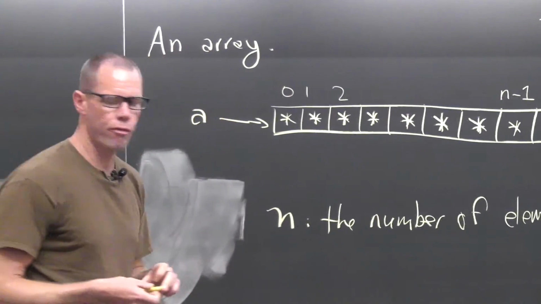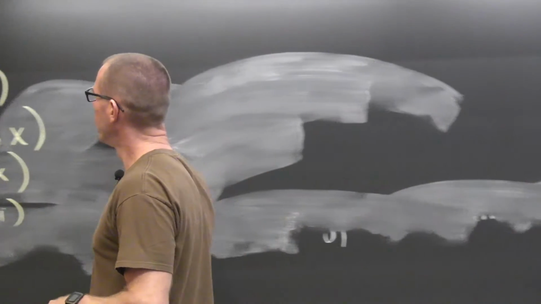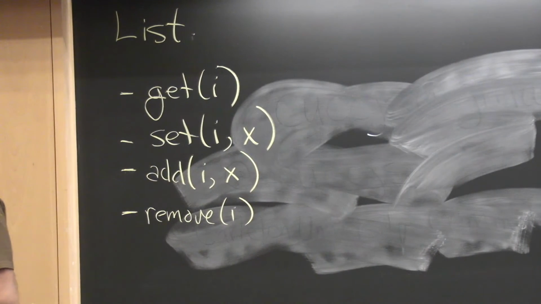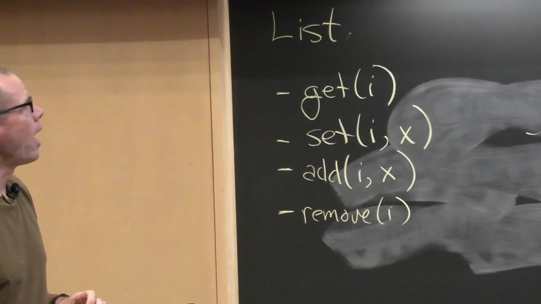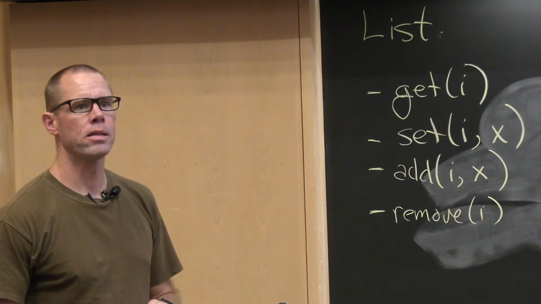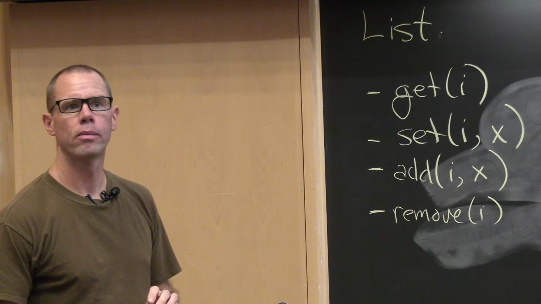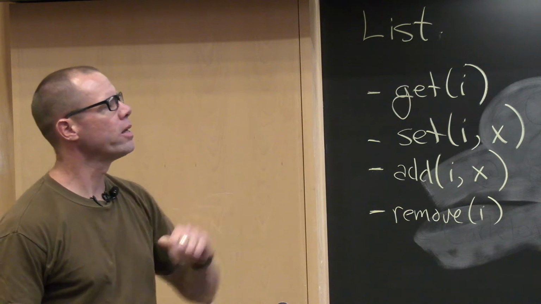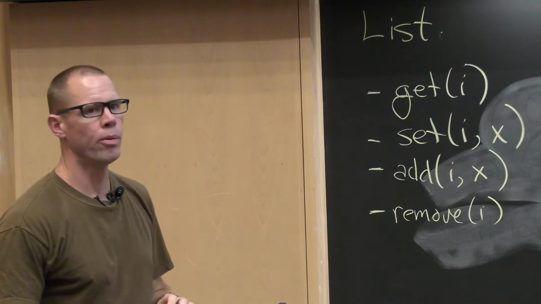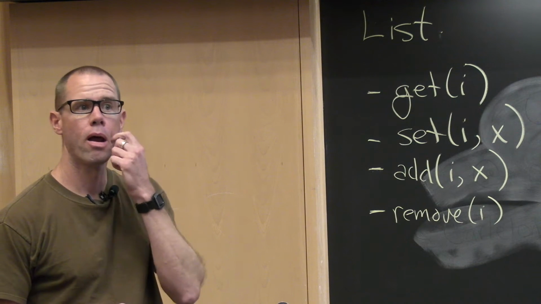So far we know enough to implement these operations. So get I is supposed to return the ith element in the list. How is that implemented? If this is our representation of the list, then how would we implement the get operation?